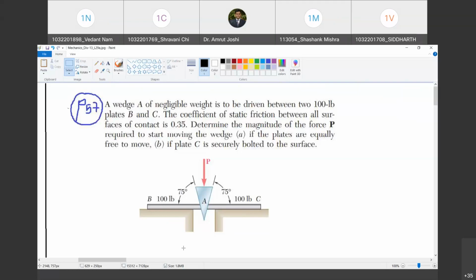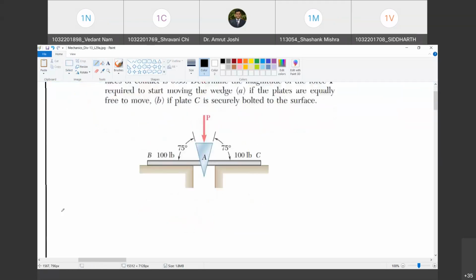Okay, so there are two conditions given here. One, the plates C and B are free to move, and the next condition, plate C is fixed to ground. Are you with me? Yes, sir. Okay, so we will start with part A of this solution. What should we do? Tell me. Yes, go ahead.